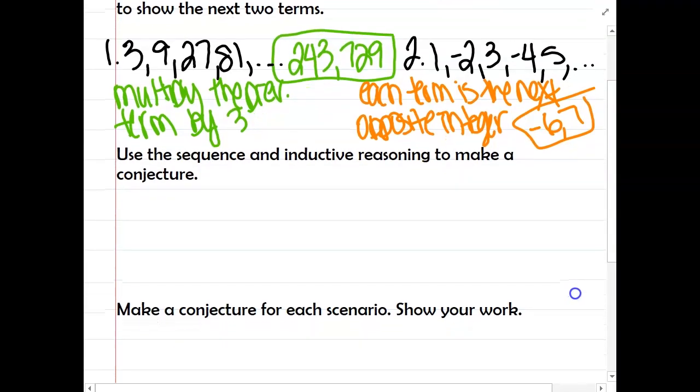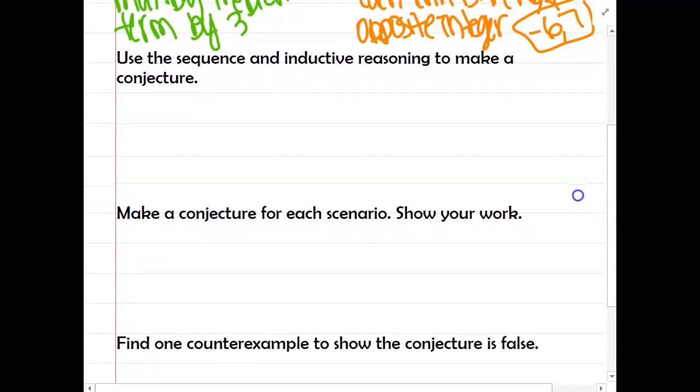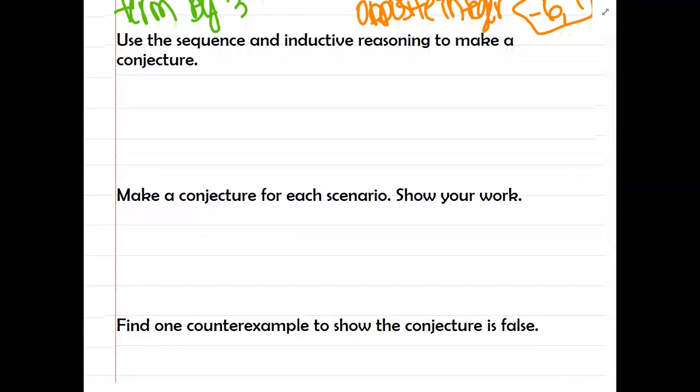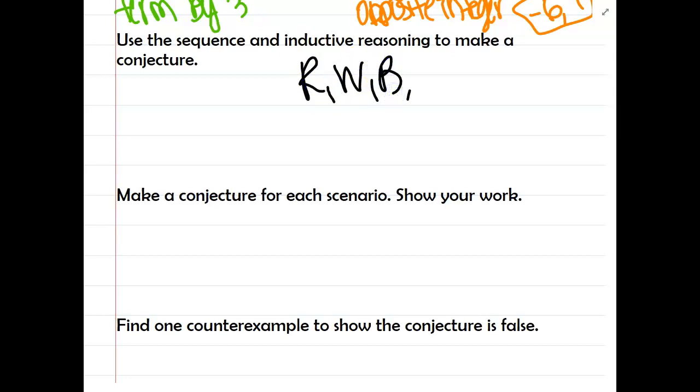Okay? Next, going to kind of do the same thing. Use the sequence in inductive reasoning to make a conjecture. So the sequence that we're going to look at is R, W, B, R, W, and so on.